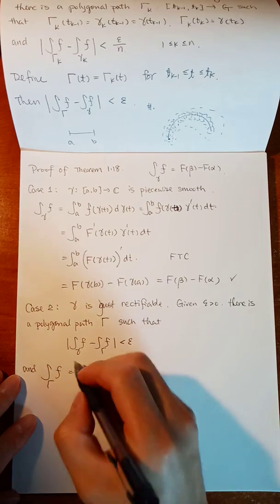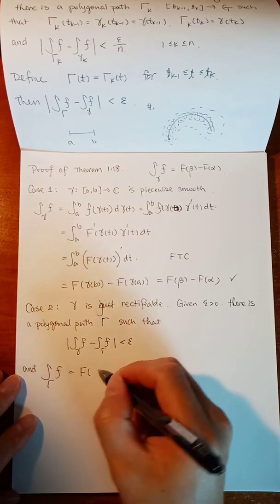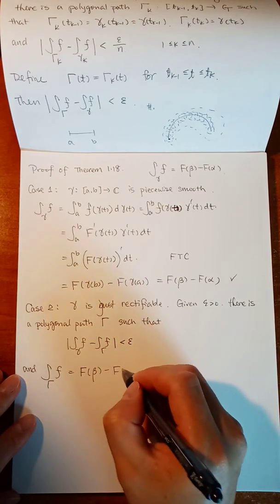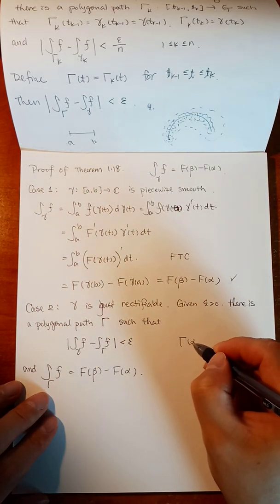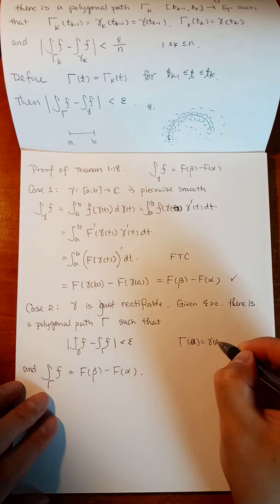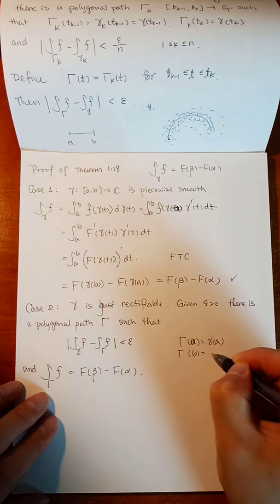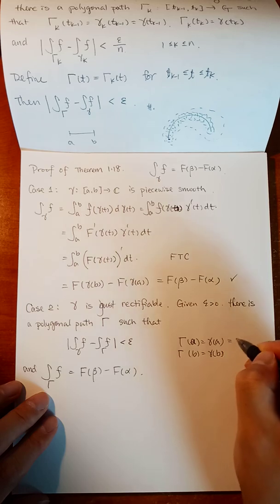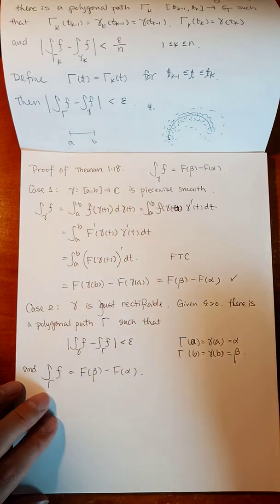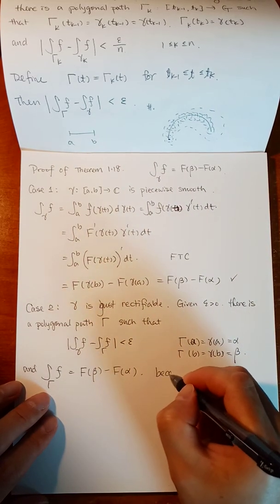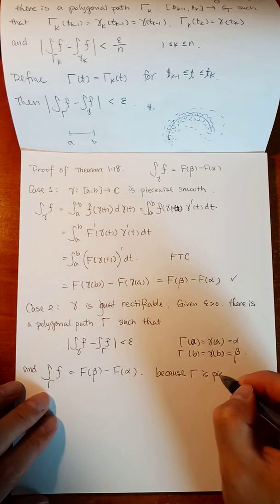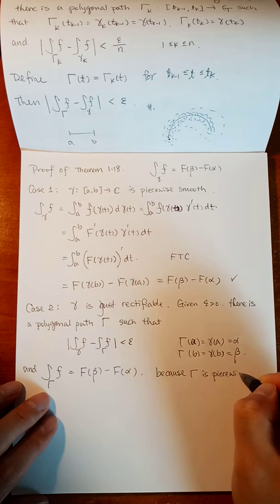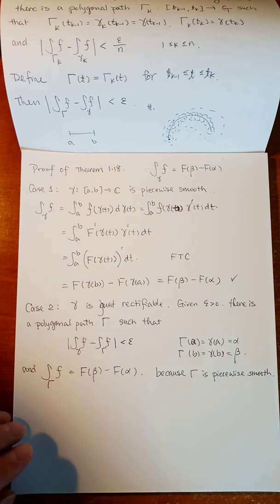This integral is equal to F(beta) minus F(alpha), because capital gamma(a) is little gamma(a) and capital gamma(b) is little gamma(b), and capital gamma is piecewise smooth. All right, so what do we get?